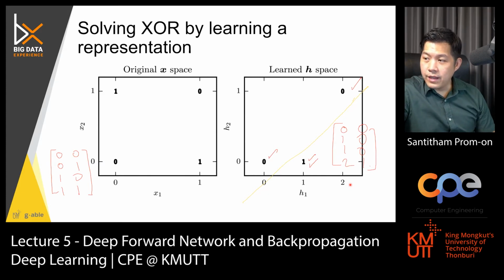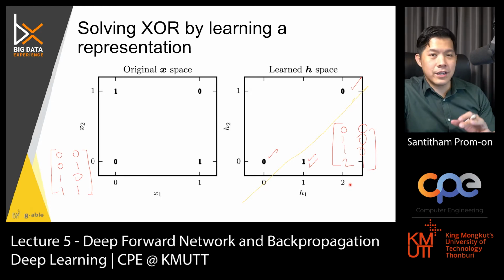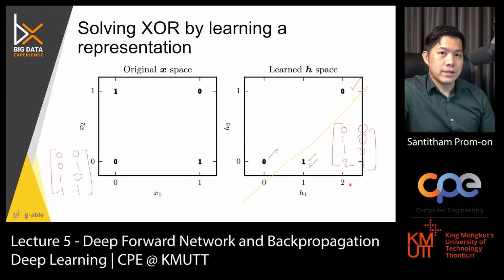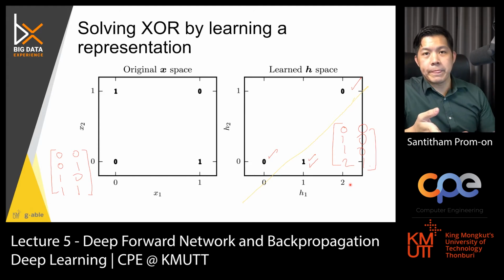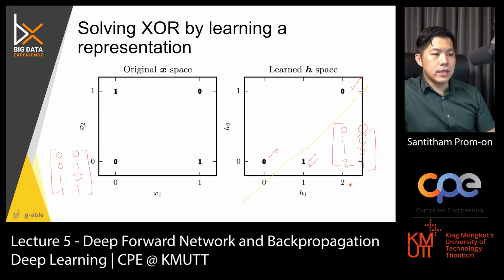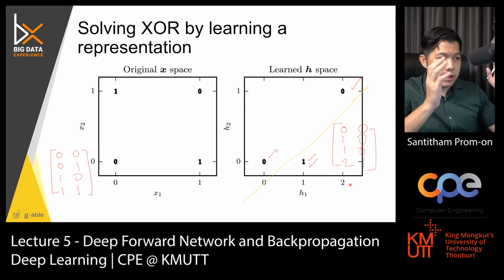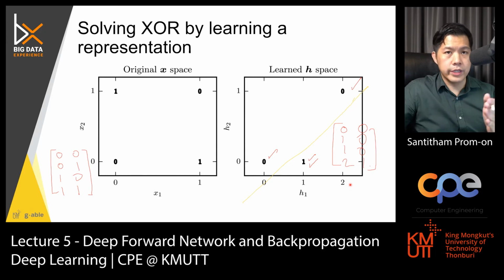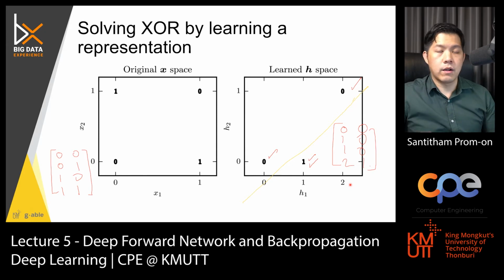H is a new representation of X. That's correct, right? H is the representation, the transformation, the feature that was extracted from X. And this transformation from the original X space into the H space is learned automatically.